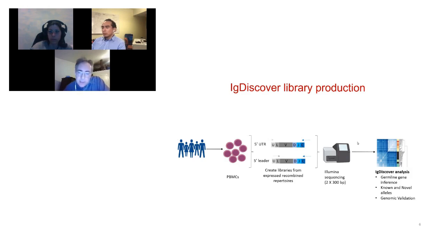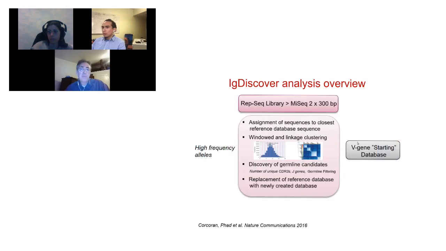And these reads are fed into the IG Discover analysis program, which allows us to identify any germline genes which are present there. So this identifies both known and novel alleles. And for many of our analyses, we do subsequent genomic validation just to test the accuracy of the procedures.